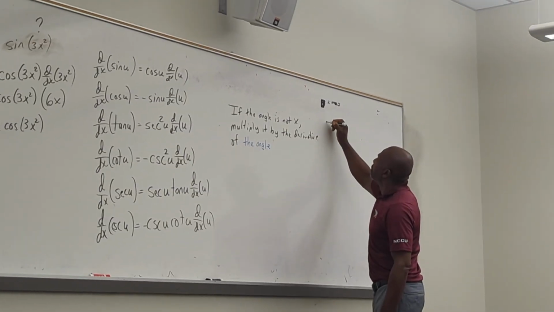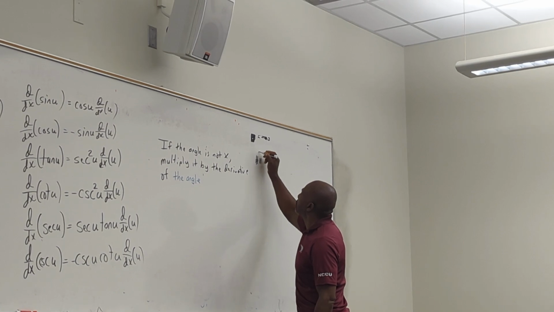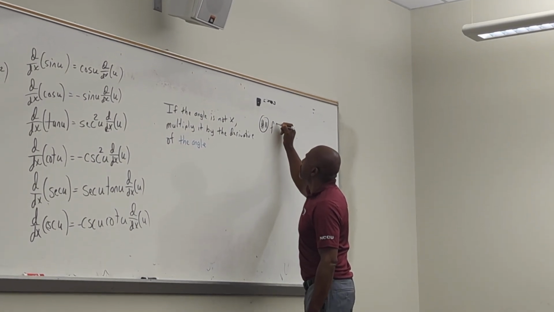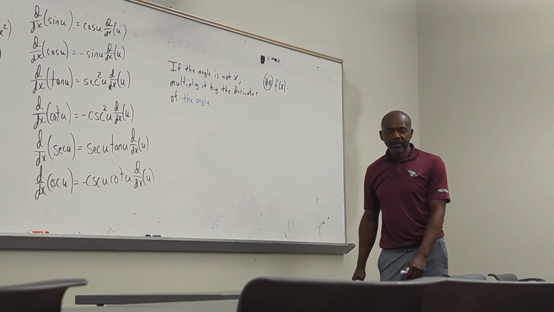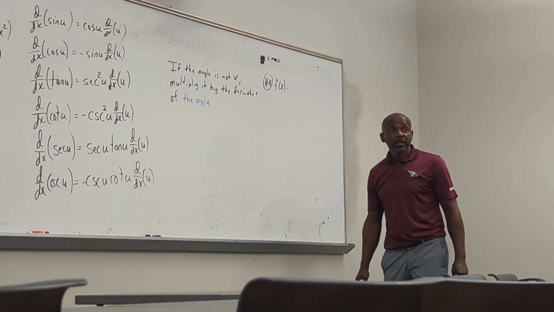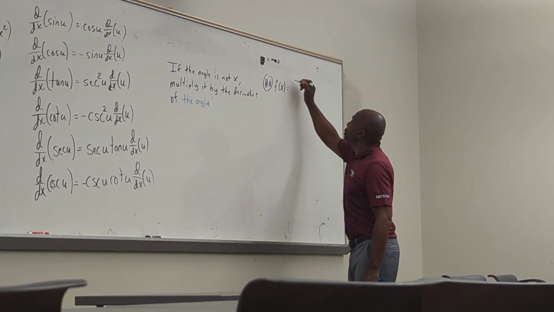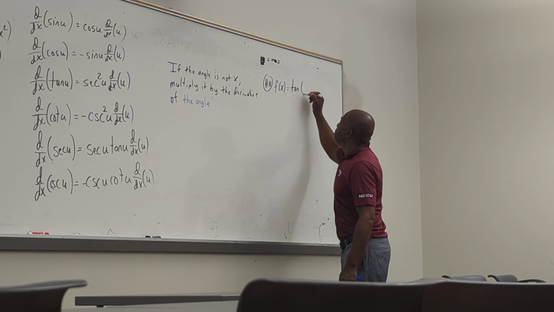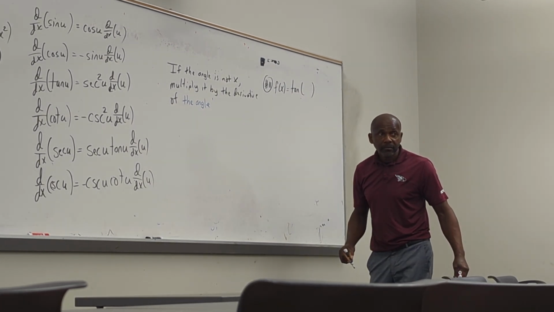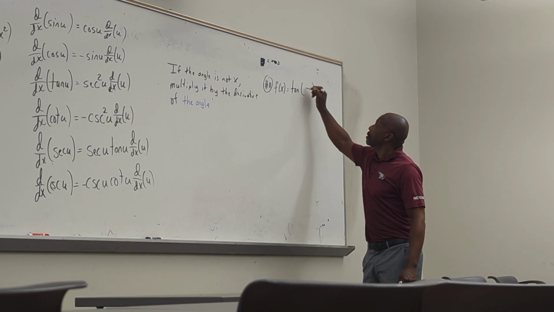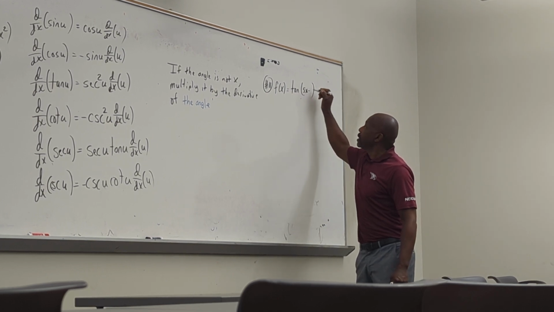I had number 11. And it says f of x is, pick one of the trig functions. Give me one. Pick one, Miss McNamara. So she wants the tangent of, give me something to put in here. Plus, minus.